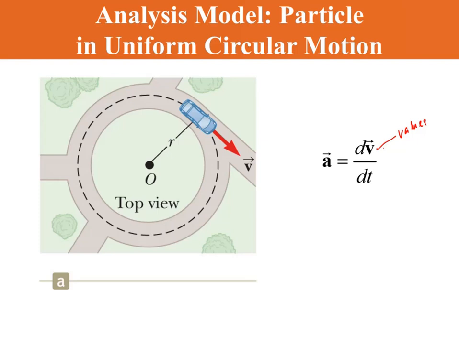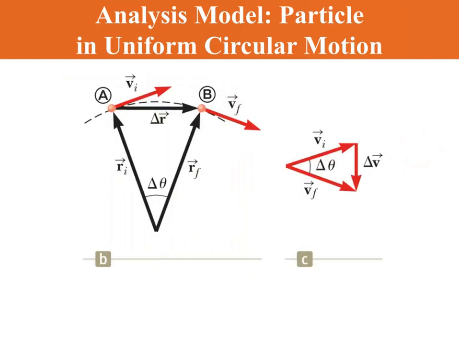Besides the magnitude of the velocity, the change in velocity can also occur when we have a change in direction. When we have a change in direction, we will also have a change in velocity, which leads to an acceleration. And what occurs in this motion is a change in direction, because when the object moves in a circle, let's say from point A to point B, the direction of the velocity changes.